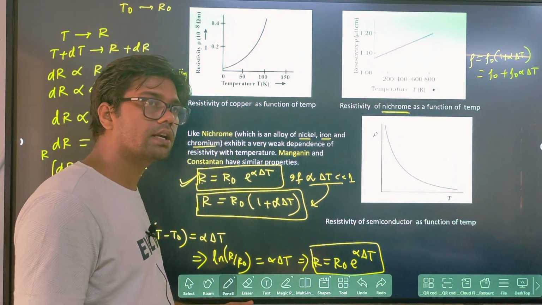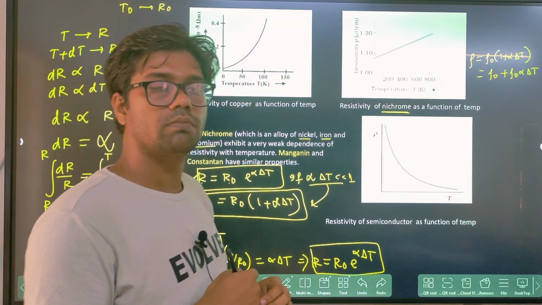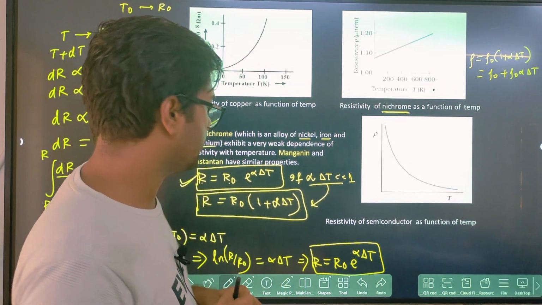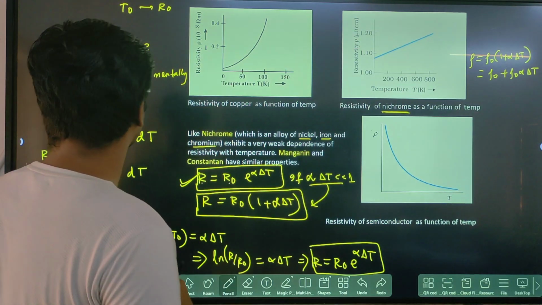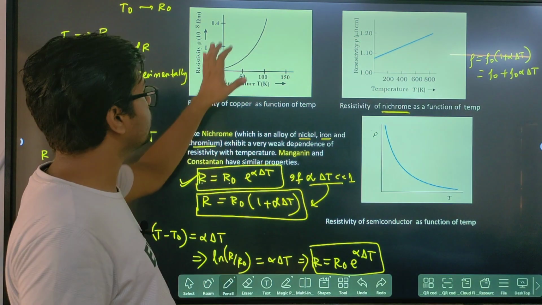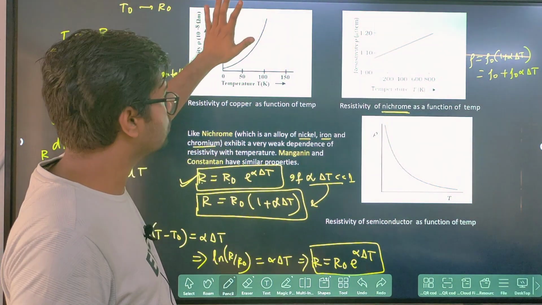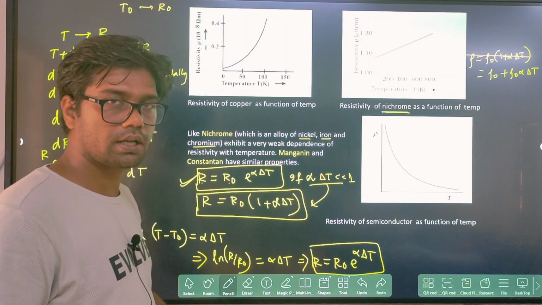And for all conductors, this alpha delta T is not smaller than 1 or a very small quantity. Clear? So here I did the derivation, but this derivation is not required. To show you, otherwise you will get confused, right? Why this type of curve is suddenly coming with temperature? To show you, I just derived this one, correct?